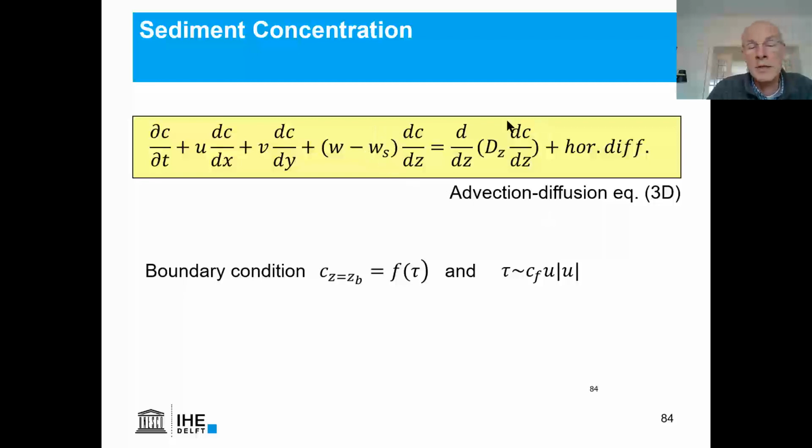And that matches the vertical diffusive flux plus the horizontal diffusion. This has a boundary condition of the sediment concentration at the bed level as a function of the shear stress, and the shear stress is a function of the velocity and maybe the orbital velocity.